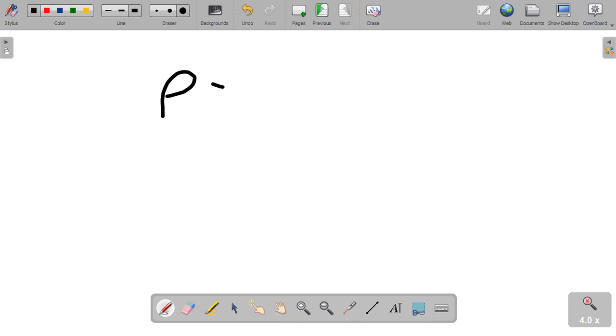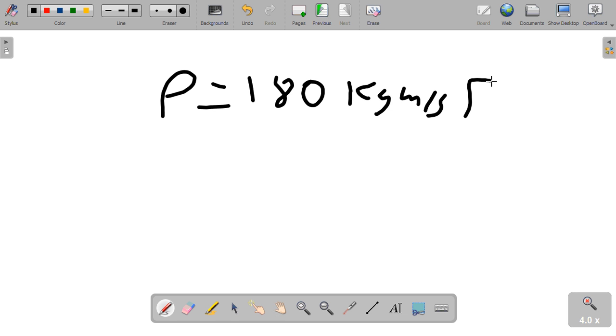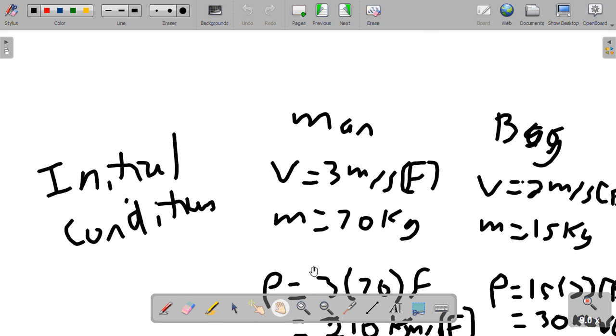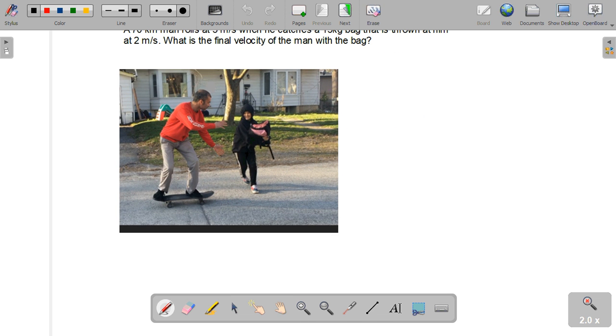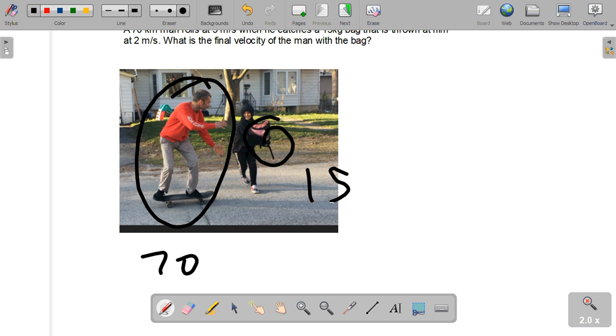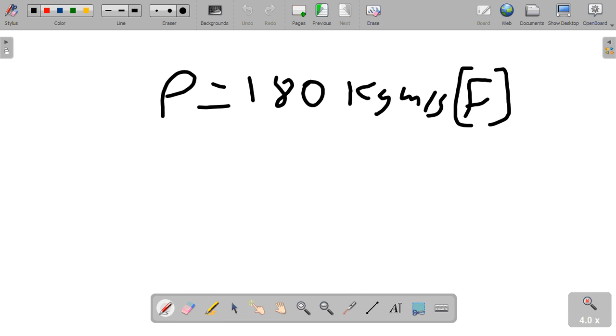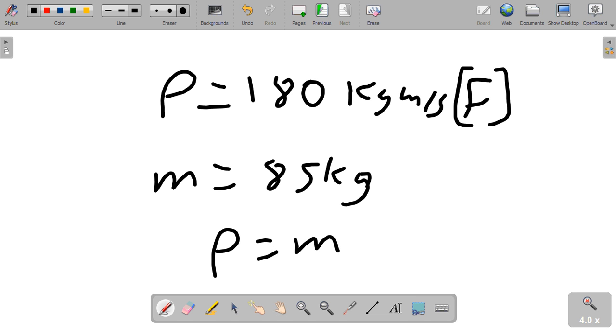So we've got a momentum equal to 180 kilogram meters per second forward. And our total mass is made up of the man, which is 70 kilograms, and the bag, which is 15 kilograms. So our total mass is 85 kilograms. And remember, momentum is mass multiplied by velocity.